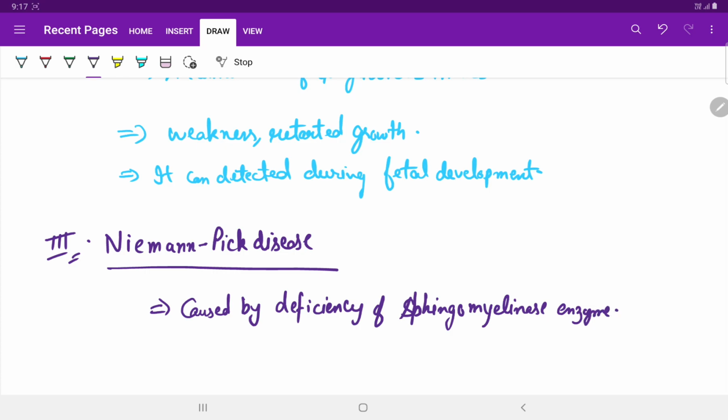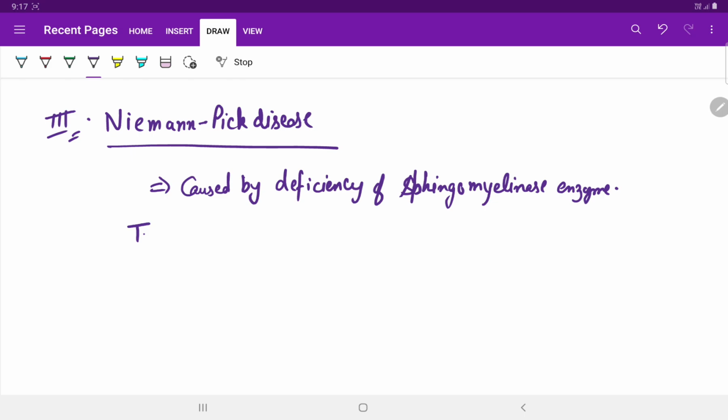The most severe form of disease occurs in the Jewish people, sometimes it is said. And in the most severe form, type A, the children fail to grow properly and have mental retardation, and children develop various neurological problems. The death ensues by 2 years of age. So it is of two types, type A and type B. Type A is more severe.